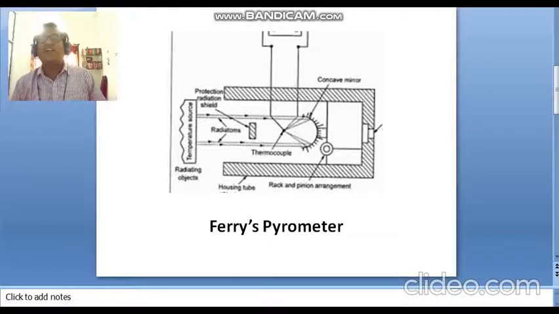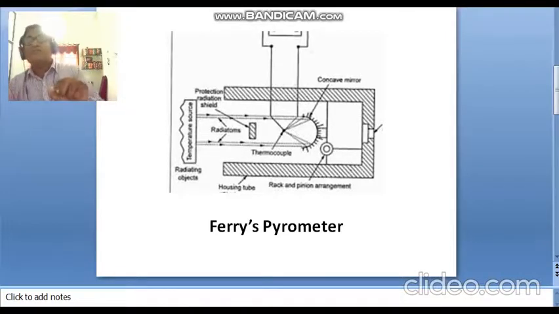It is then incident on a metallic strip with the help of these two glasses arranged at 45 degrees with each other with a 1.5 mm hole. That small hole acts as a diaphragm. Through that diaphragm, the total radiation is focused on the metallic strip.